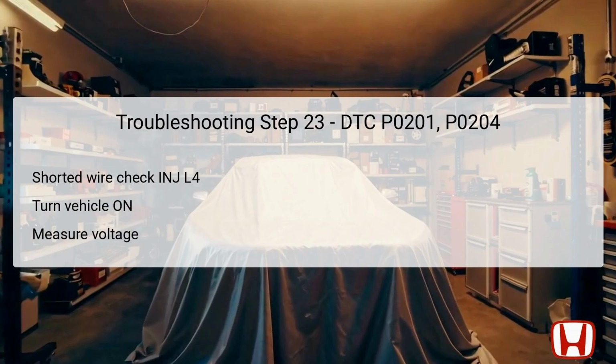Proceeding to Step 23, the focus is on the INJL4 wire and its potential for shorts to power. Begin by turning the vehicle to the on mode and measuring the voltage at the specified test points. A detected voltage signifies a short that must be addressed.